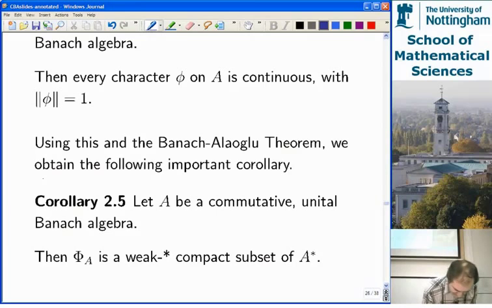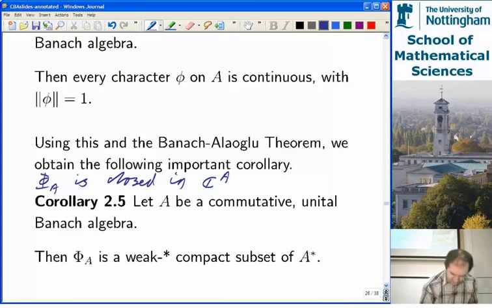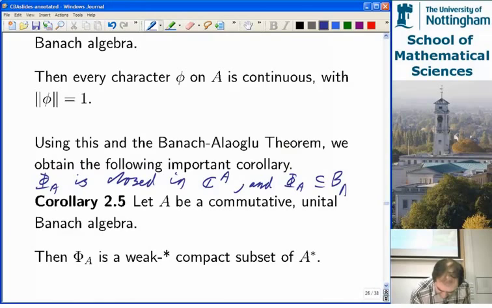We have that the character space of A is closed in C to the A, as we mentioned earlier, and it's a subset of the closed ball of radius 1 in the dual, and we know that's weak star compact. So it's actually a weak star closed subset of a weak star compact set. So it's a closed subset of a compact space.